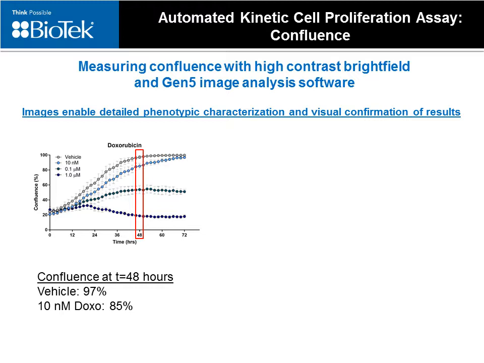So here the mean confluency of negative control wells, that's those treated with vehicle alone, shown in gray, is 97%. Whereas the mean confluence of wells treated with 10 nanomolar doxorubicin, shown in light blue, is 85%. So a small but significant decrease in the proliferation is seen.